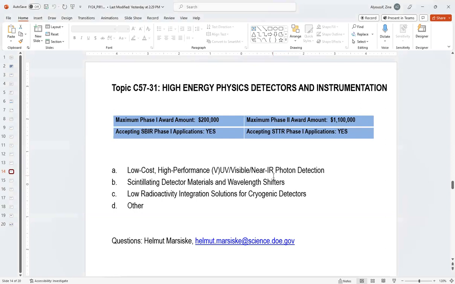In some applications, these photodetectors need to operate in a cryogenic liquid, say liquid argon or liquid xenon. Sometimes they need to be built with low radioactivity materials to be deployed in experiments that search for rare events. In almost all cases, the experiments need large area coverage, so low cost is an issue.